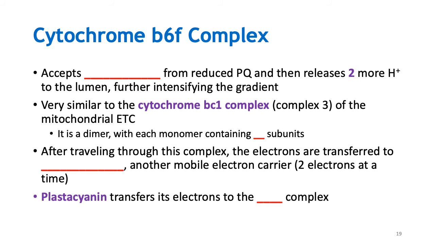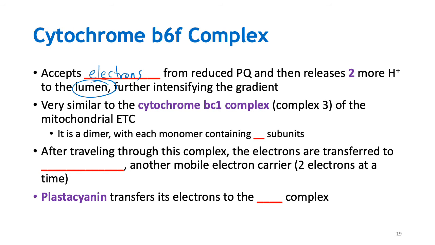Now, I'd mentioned that the reduced form of the plastoquinone donated electrons to the cytochrome B6F complex. What the cytochrome B6F complex does is it accepts electrons from the reduced PQ, or plastoquinone, and then releases 2 more protons to the lumen.